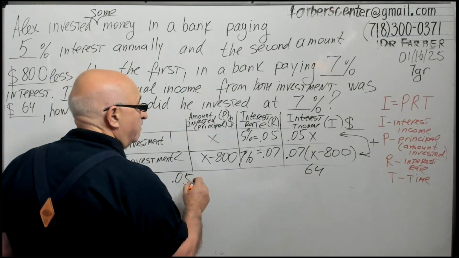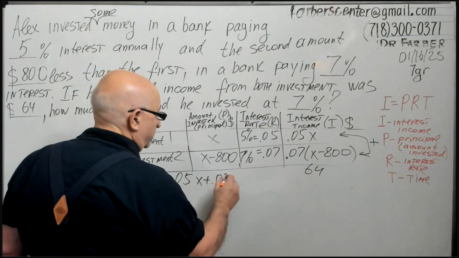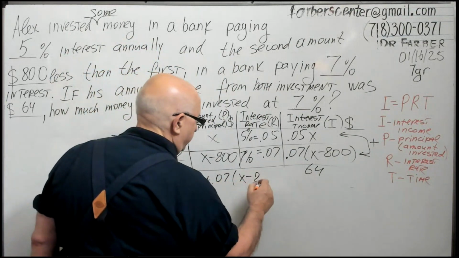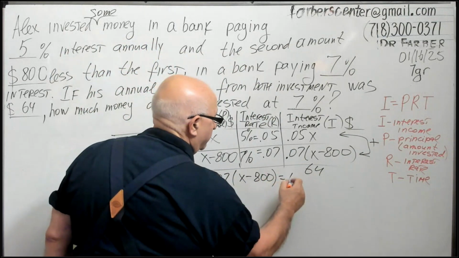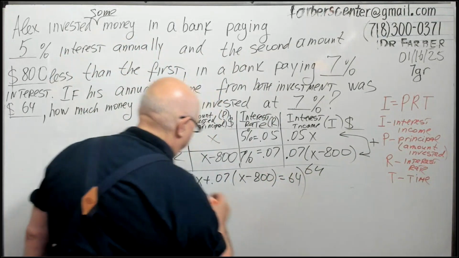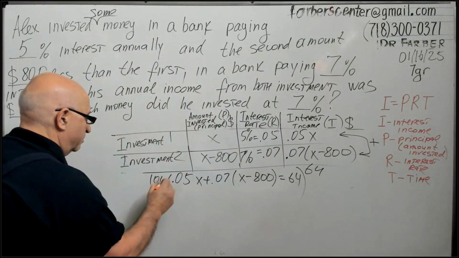0.05x plus 0.07 times x minus 800 equal to 64. Multiply by 100 in both parts.